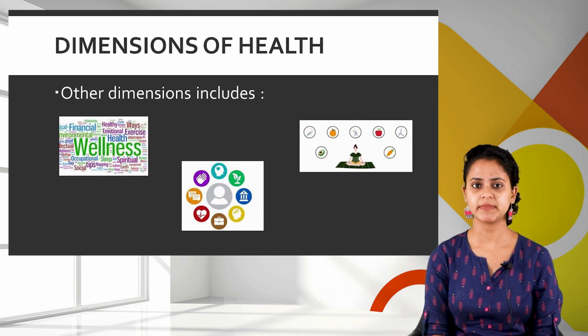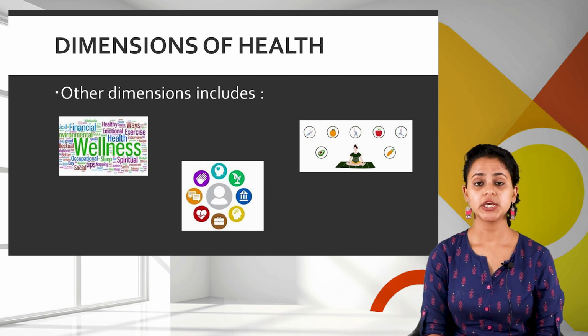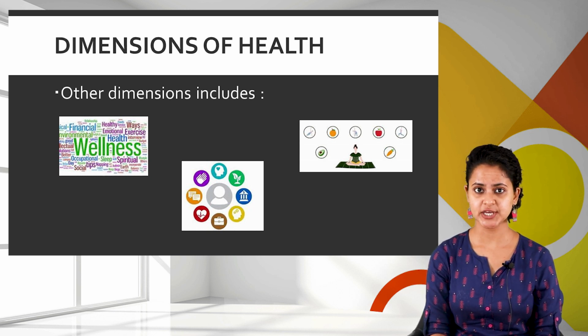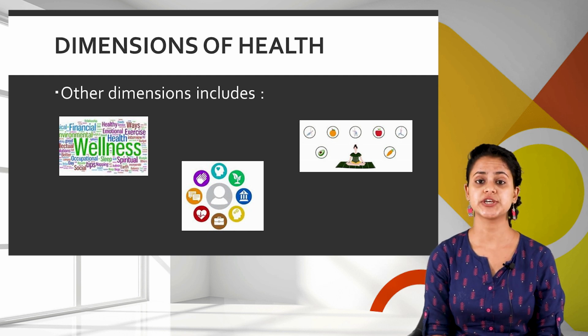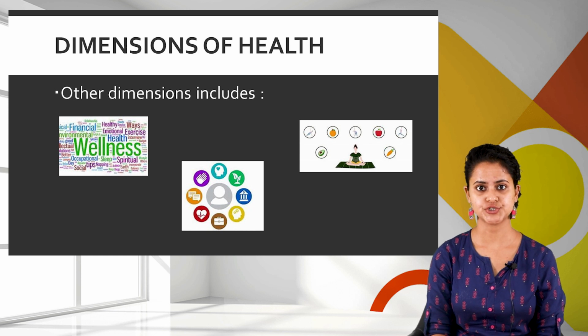Besides these four main dimensions of health, many more dimensions are cited, which include emotional dimension, vocational dimension, political and philosophical dimension, cultural and socio-economic dimension, environmental and educational dimension, nutritional dimension, and curative and preventive dimension of health.